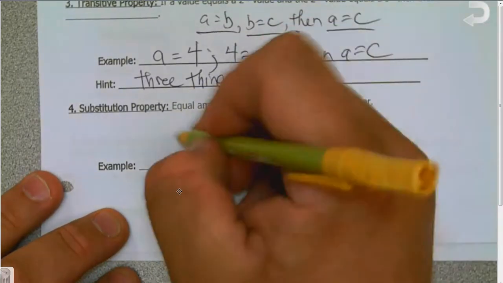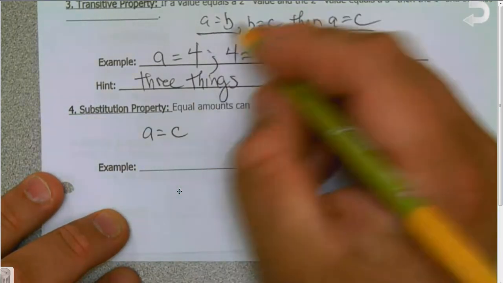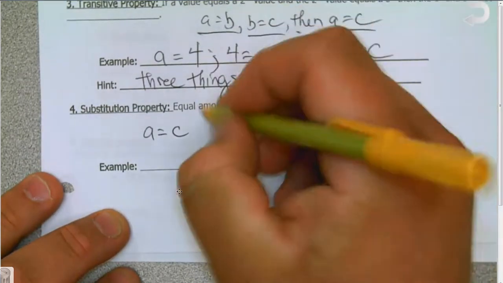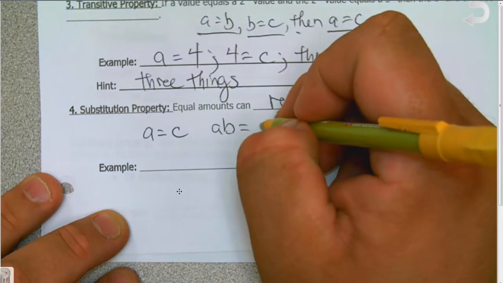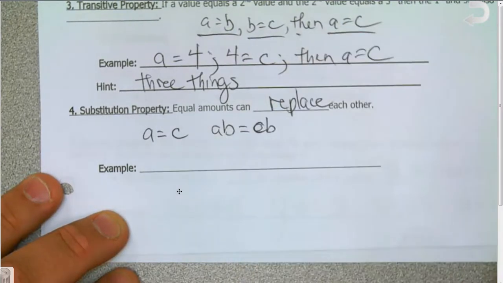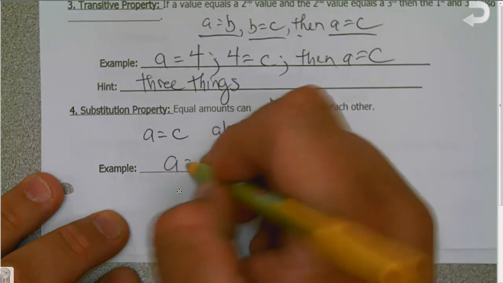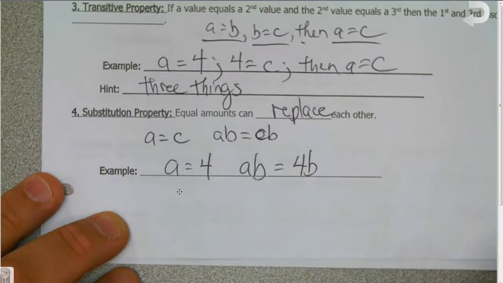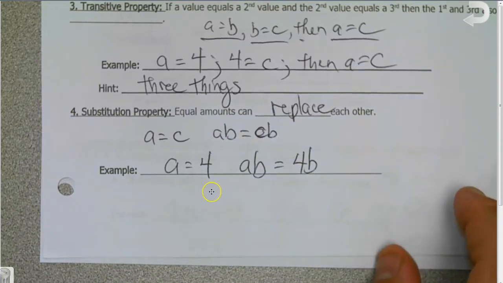So, if A is equal to C, then A times B is equal to C times B. Or, for another example, if A is equal to 4, then A times B is equal to 4 times B. And we just used substitution in what we did earlier in the week. So we know substitution.